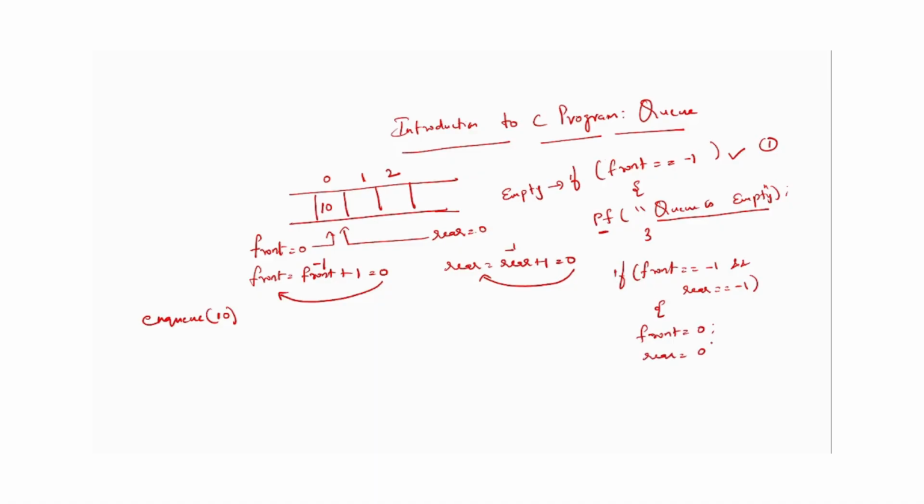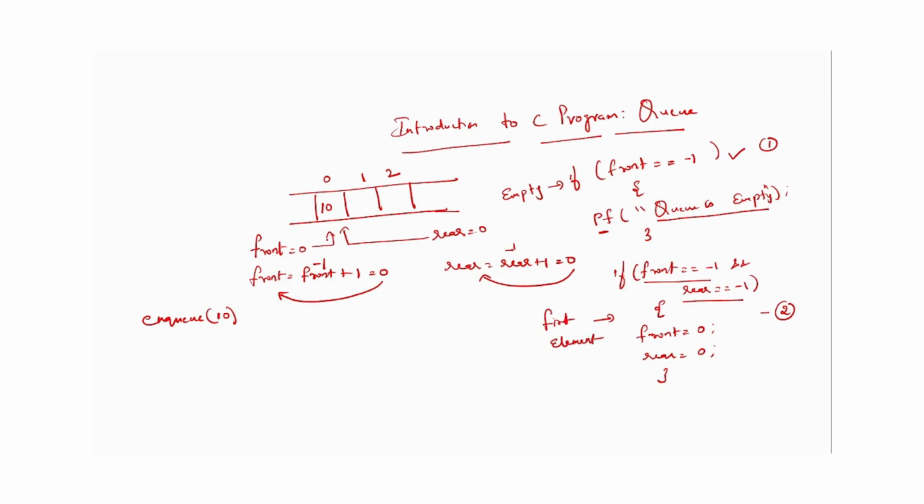I'm just writing like this. In the program it will be a little different, but I'm just telling you that if you want to insert the first element in an empty queue, then this condition will happen. Empty queue means front equal to -1 and rear equal to -1, and then you have to make front as 0 and rear as 0. Only then can you insert the first element inside. This is for empty, this is for first element.